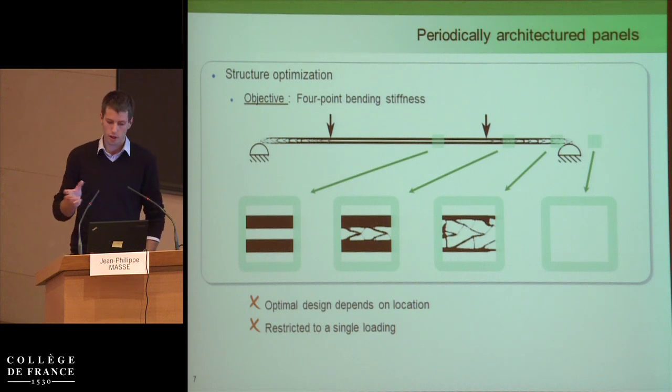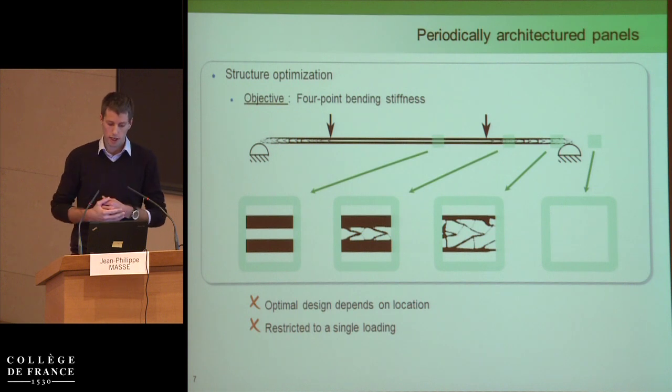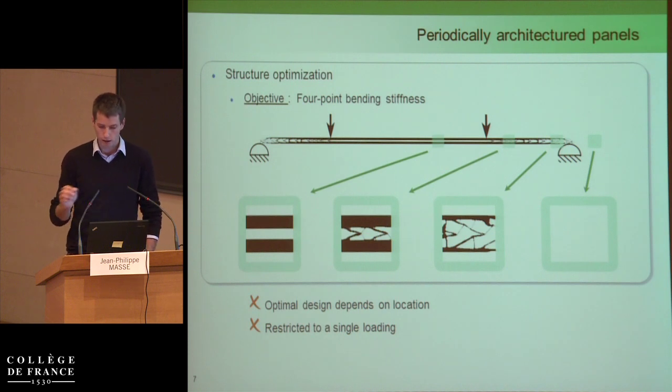If we use shape optimization, I will talk about that later, on this problem, we will find this kind of result, with matter put on the skins, since the solicitation is mainly flexion, but in between the upper and lower indenters more of a diagonal truss in order to provide shear stiffness.